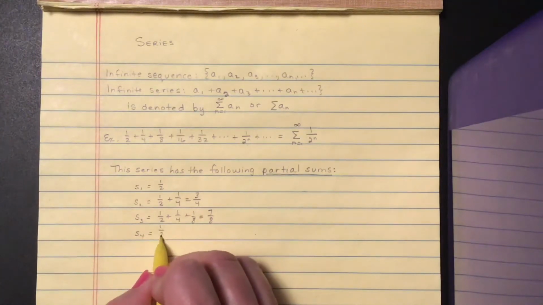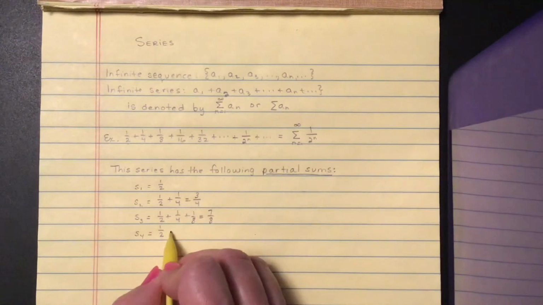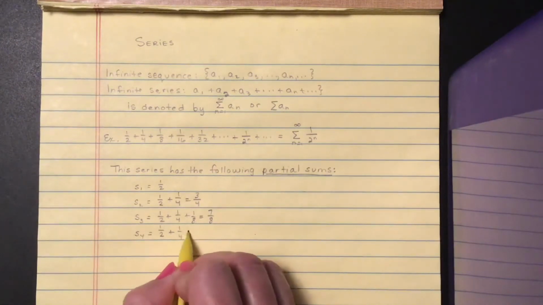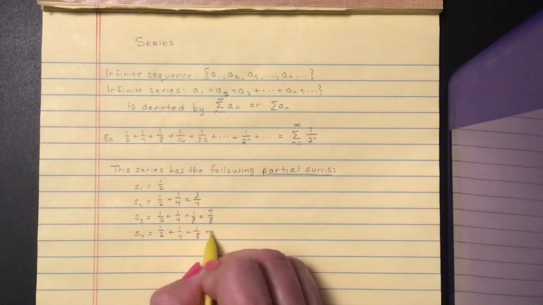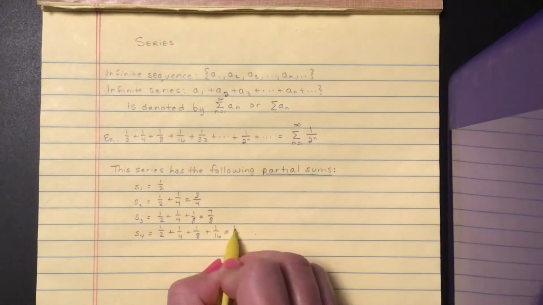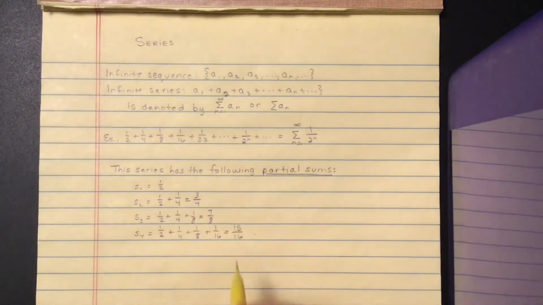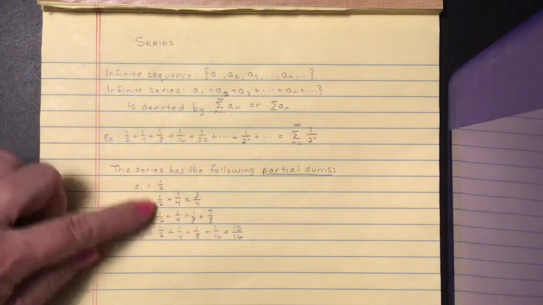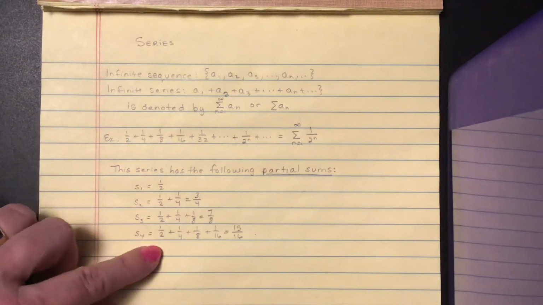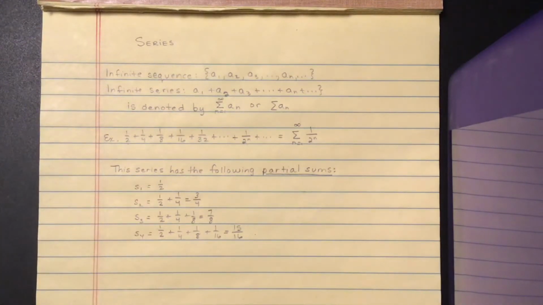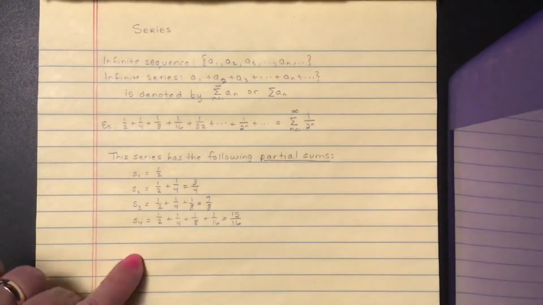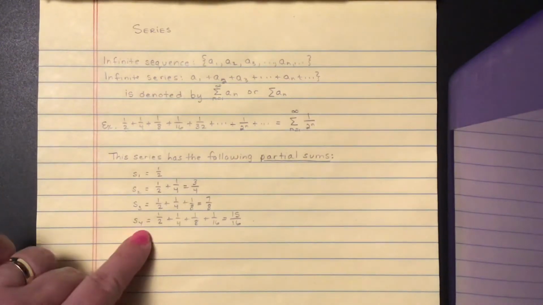The fourth partial sum, as it is called, is 1/2 plus 1/4 plus 1/8 plus 1/16 for a total of 15/16. So here we've selectively chosen the first four partial sums to examine. This also creates a sequence of its own.